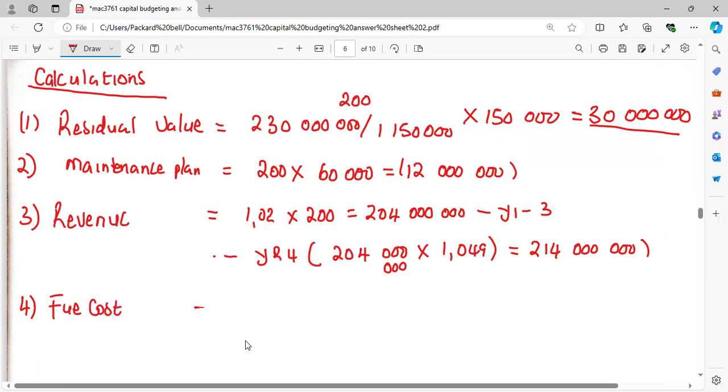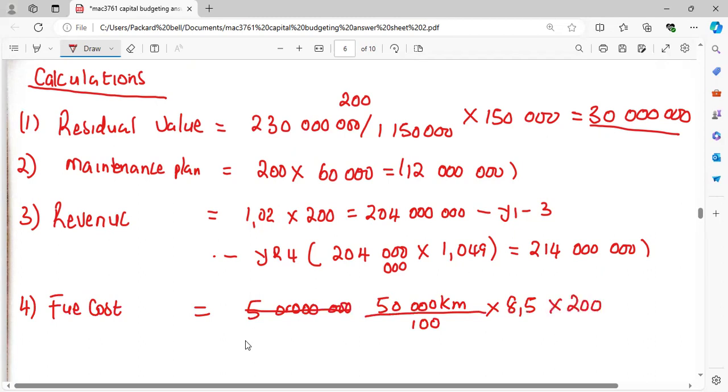Each minibus is going to travel 50,000 kilometers. Then you divide by 100, then you multiply by 8.5 per liter, then by the number of minibuses. Then you get the total fuel cost.